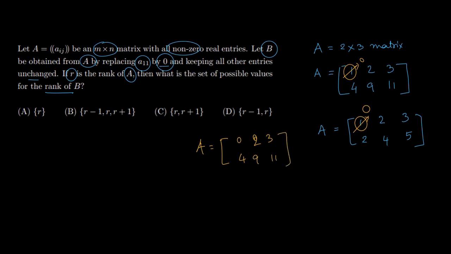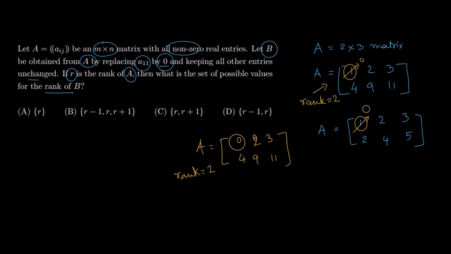Notice that in the first case, the rank of the matrix is 2 because we have 2 rows. The number of rows is less than the number of columns and both rows are independent of each other. This was the original form of the matrix. When I replace the first element with a 0, nothing changes because both the rows are still independent. So the rank of this matrix would be 2 again.